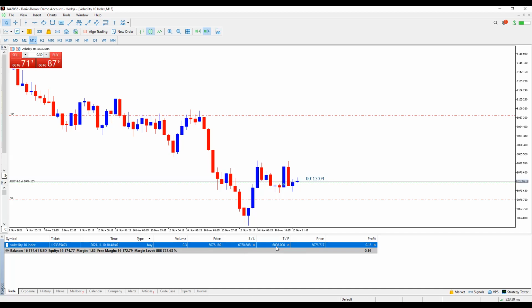You subtract it from the current price. Obviously it's going to be fluctuating, right? It's going to be moving, so we'll just pick a random number, 6076 point. Currently, it's what?